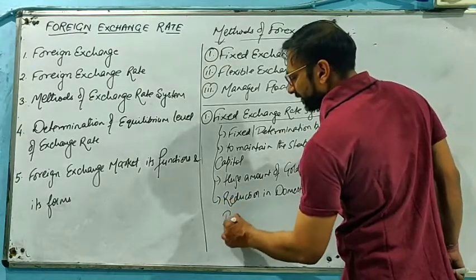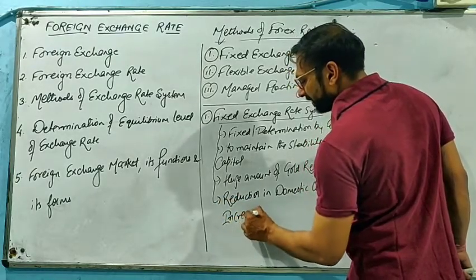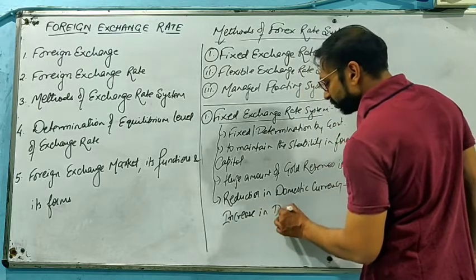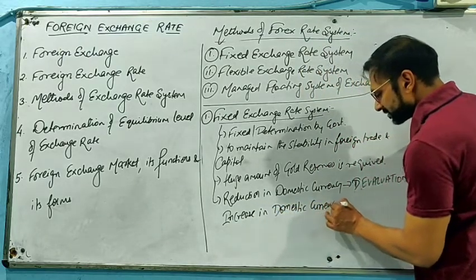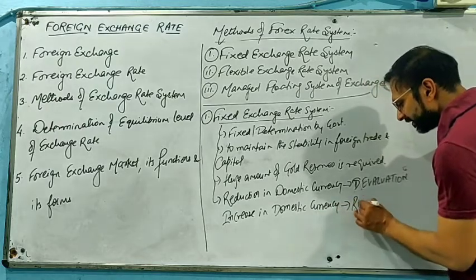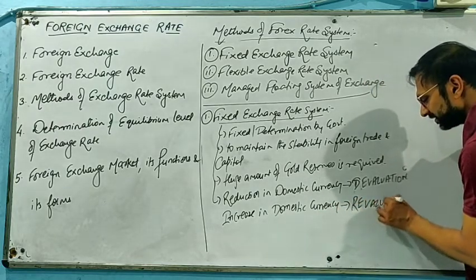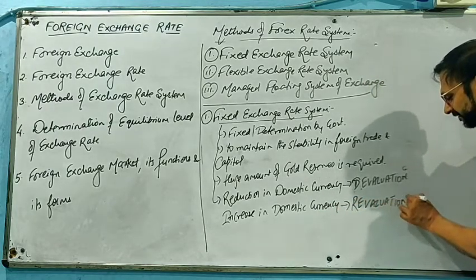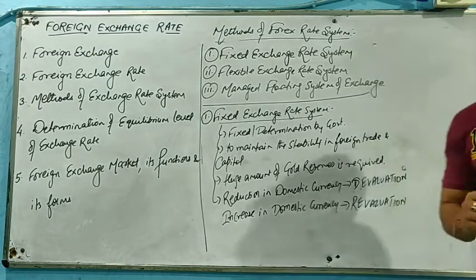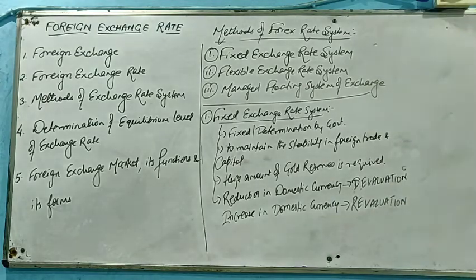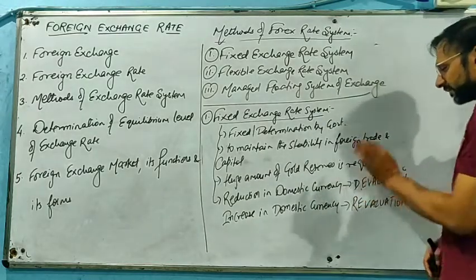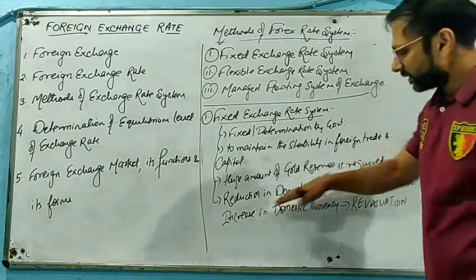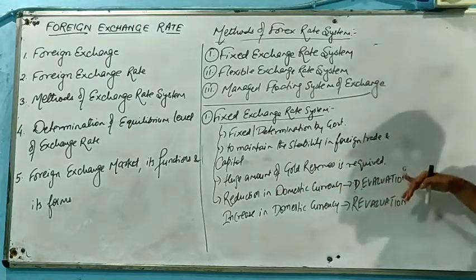Again, if there is an increase in domestic currency by the government, it will be termed as revaluation of domestic currency. So both the terms have their own significance. Reduction in domestic currency will be termed as devaluation.